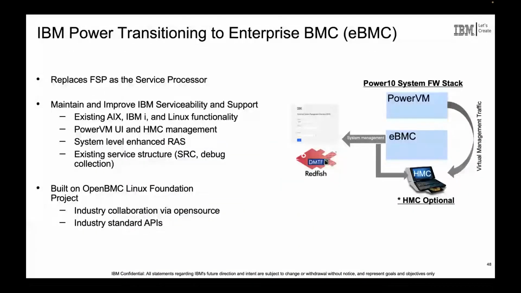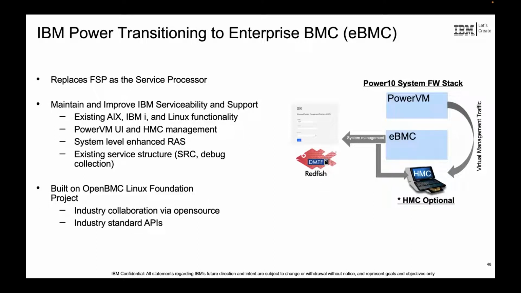Brief mention, not a lot to be concerned about. We're moving from FSPs to enterprise BMCs, baseboard management controller. We had BMCs in, like, AC922, some of the LC models for Power 9. We're going to BMCs because it's an industry standard.